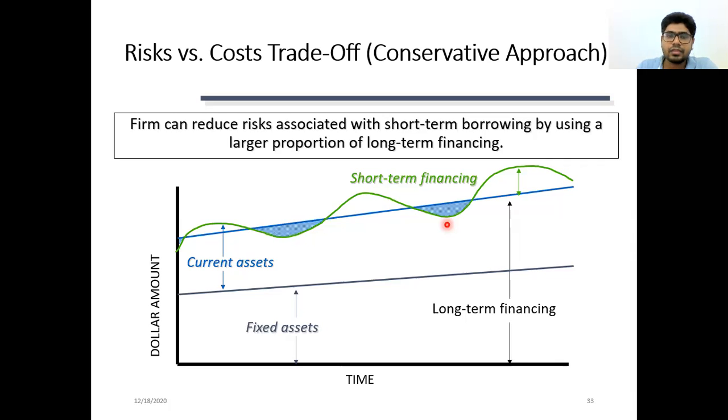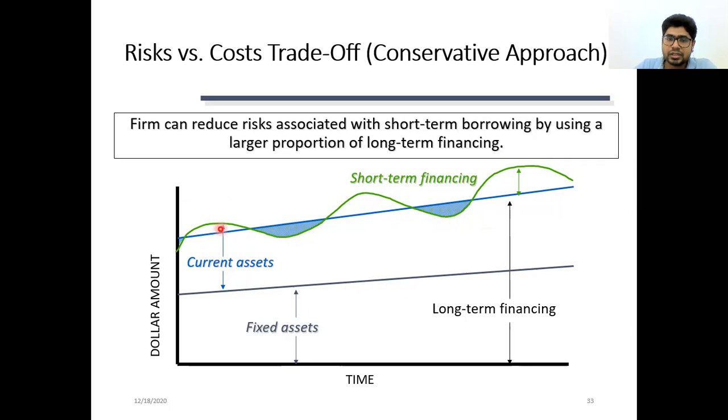Clear? That's why the line is moved upwards. So here they are having surplus cash. Here deficit, here surplus cash.